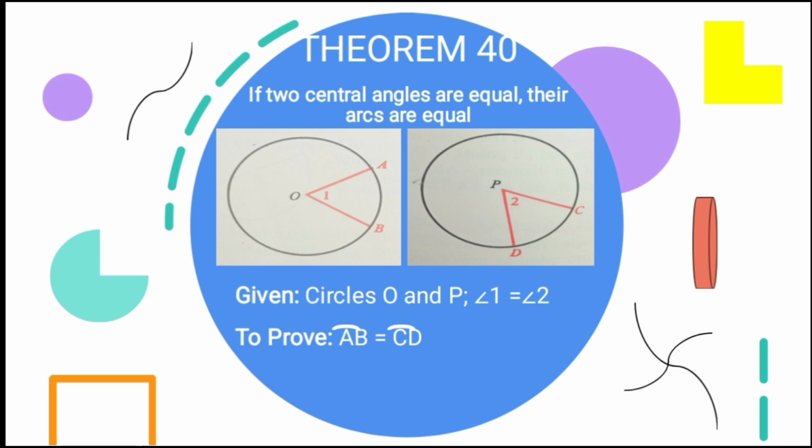To analyze the proof, we have to use the fact that the measure of an arc equals the measure of its central angle. Then use the transitive property of equality. So what is the use of the transitive property of equality?